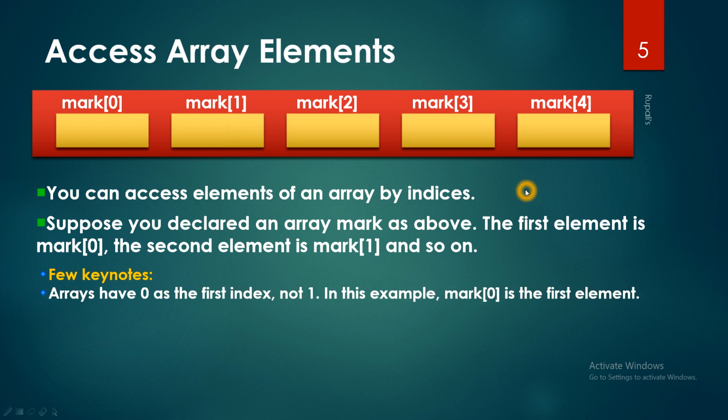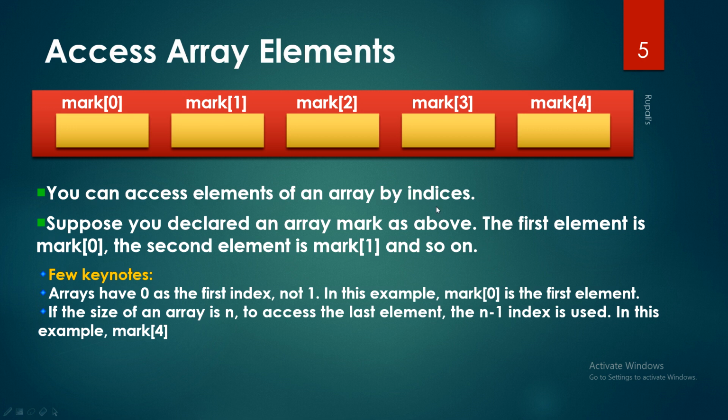Some keynotes: arrays have 0 as the first index, not 1. In this example, mark[0] is the first element. If the size of an array is n, to access the last element, the n-1 index is used. So here the size is 5, and because it starts from 0, the last element is n-1, that is 5 minus 1, 4.